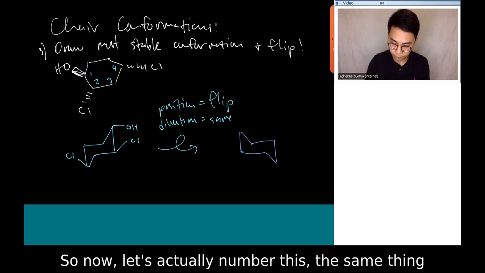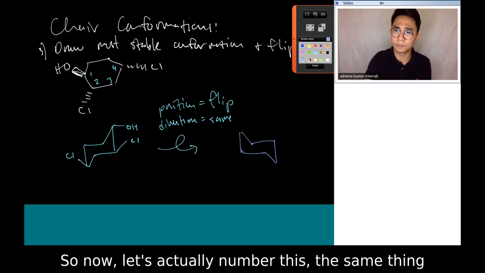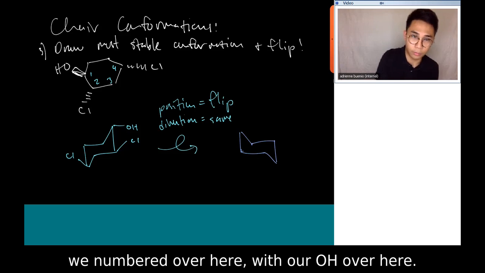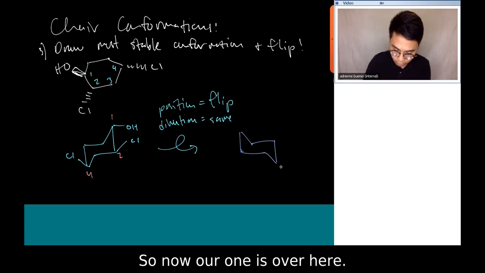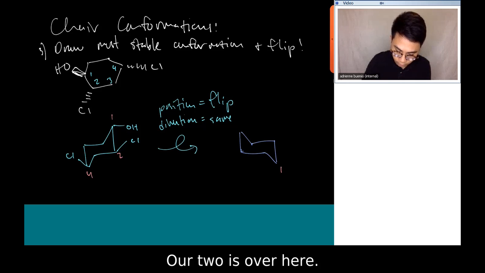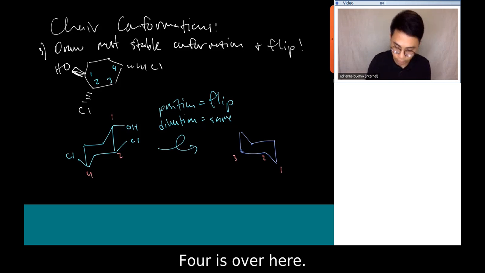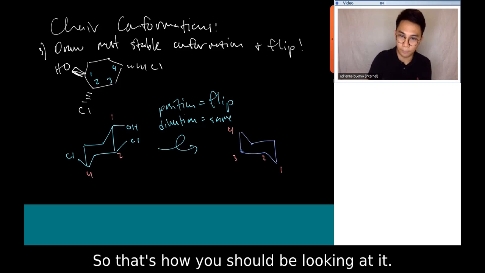Now our OH, let's actually number this, the same thing we numbered over here. 1, 2, 3, 4. So now our 1 is over here, our 2 is over here, our 3 is over here, our 4 is over here, right? That's how you should be looking at it.